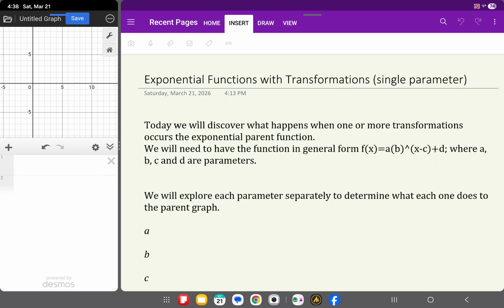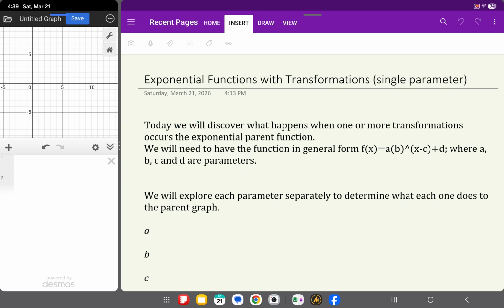All right, so last video I did was exponential functions without transformations, and this video is exponential functions with transformations, only a single parameter. Today we will discover what happens when one or more transformations occurs to the exponential parent function.